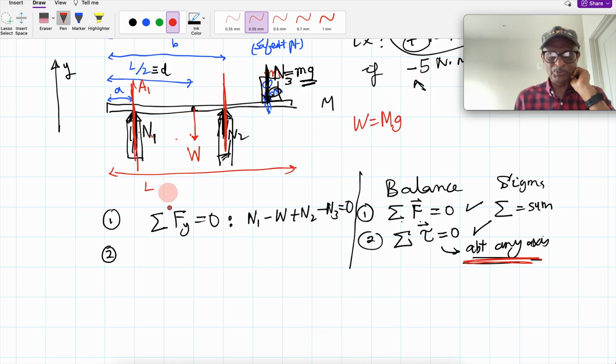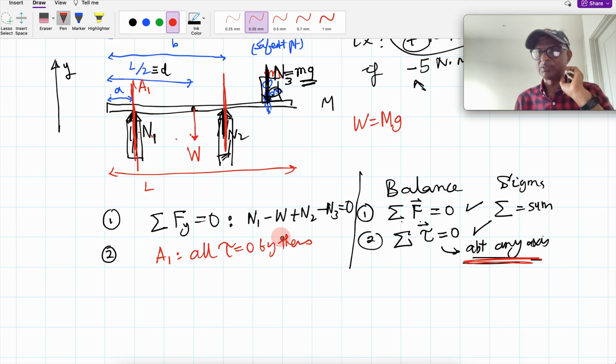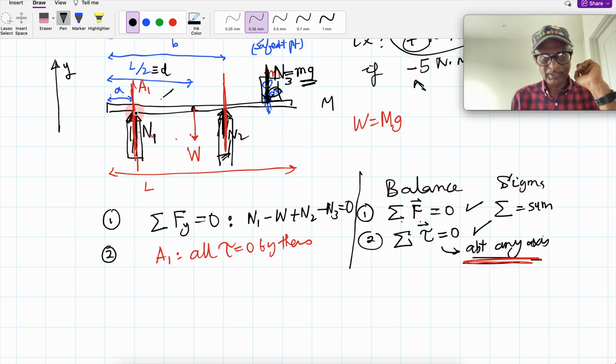So the axis, all torques are 0 by themselves. So this is not going to work, right? What we have here is an axis, say through this point, but I choose the axis, and that's what it's going to rotate about.